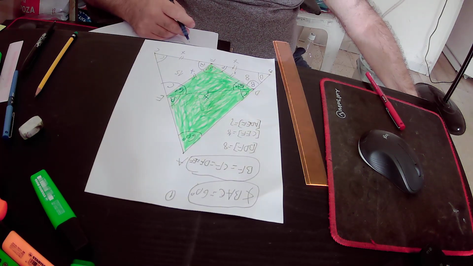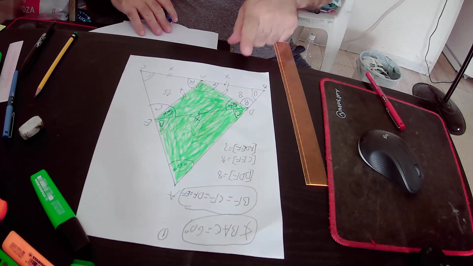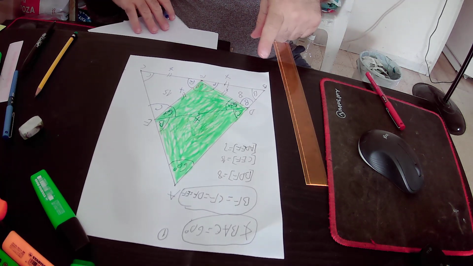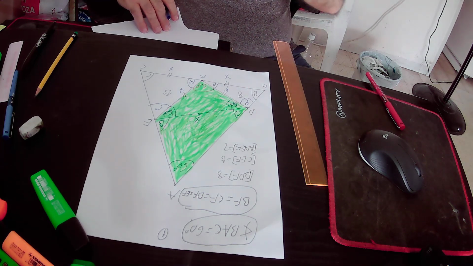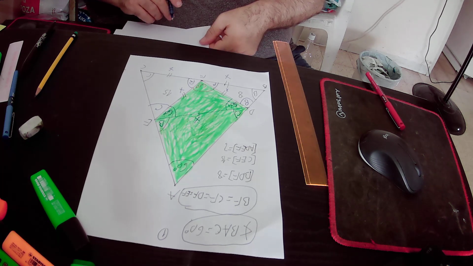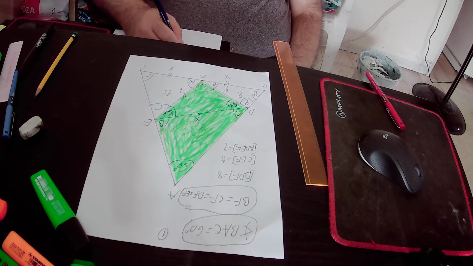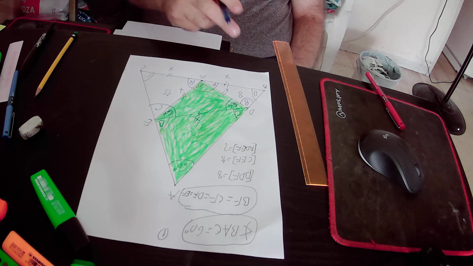So, actually, we know that the area of triangle BDF is 8 square units. So 8 square units equals the area of triangle BDF, that is according to our new formula for the area of any triangle.